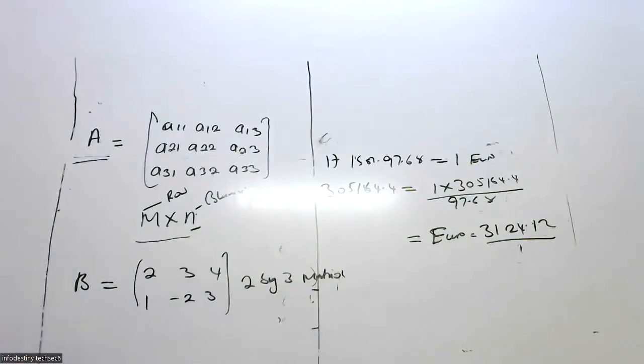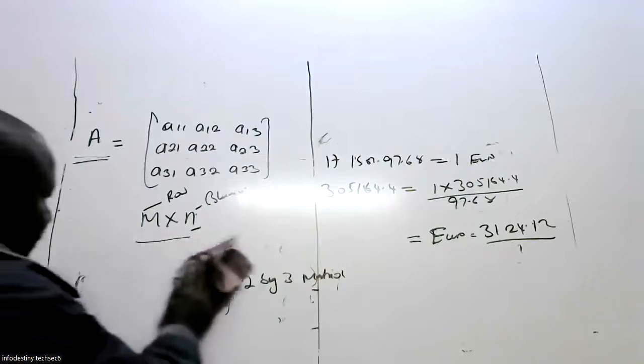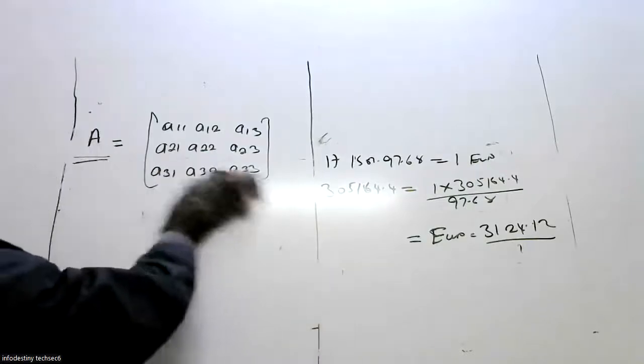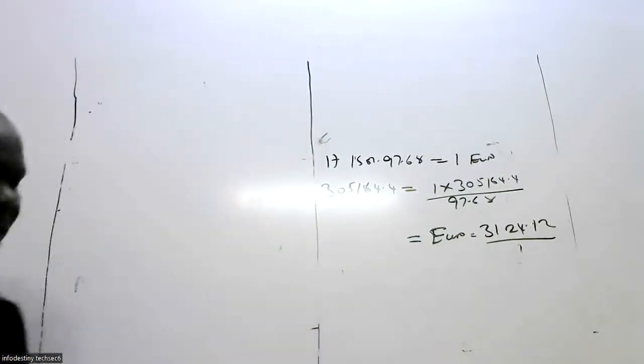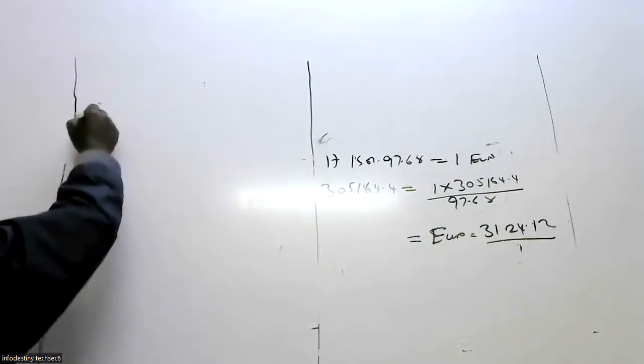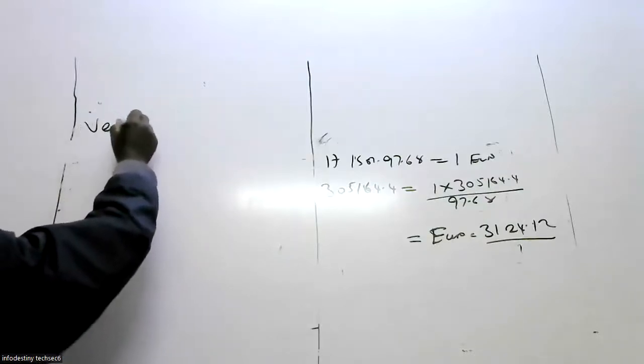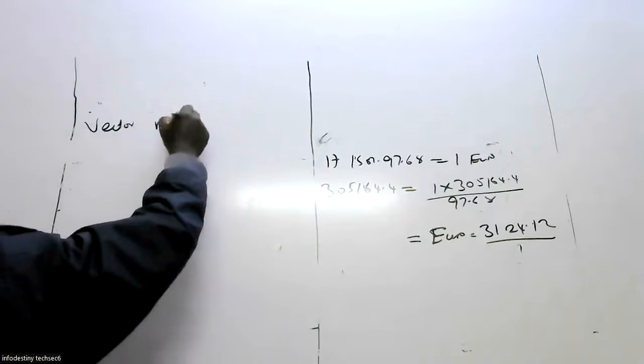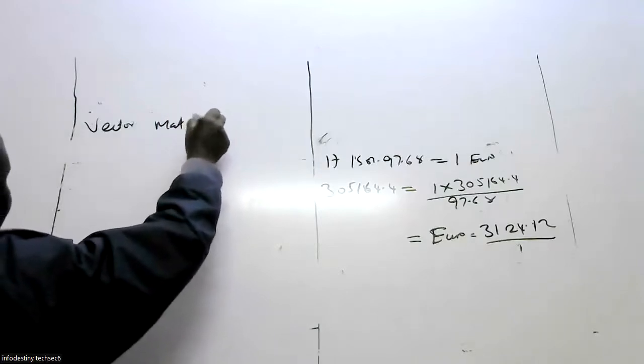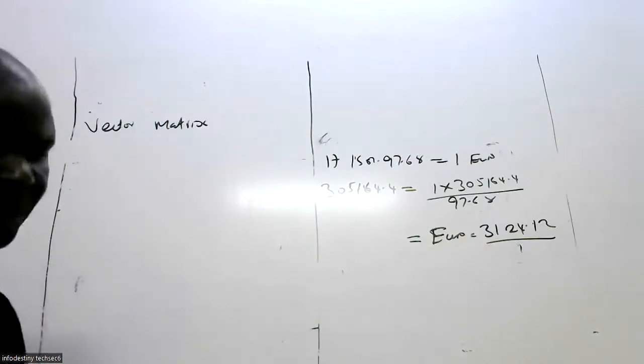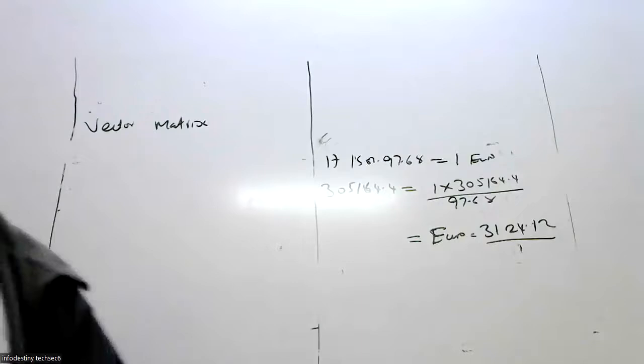Let's look at the types of matrices. The first one is known as the vector matrix.